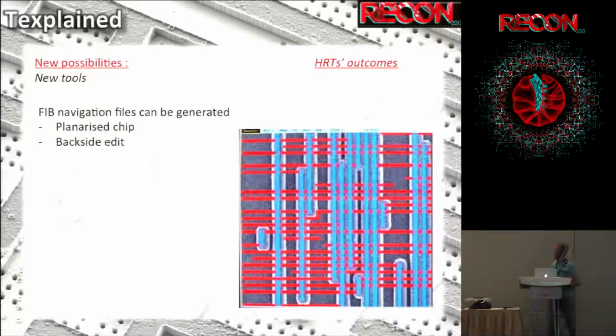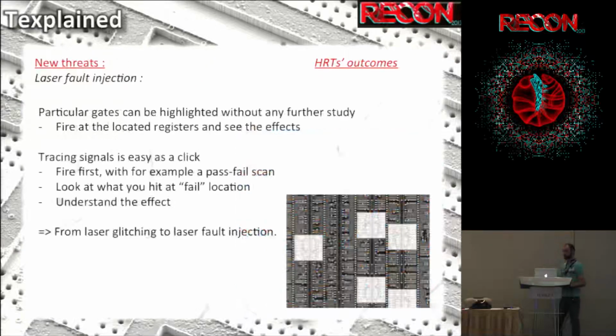All right, if we go back one more time to laser attack, we can change the way we were fishing. So instead of just trying every position and seeing if I have an effect, I can say, where are the registers inside the core? Because those registers, for sure, if I shoot at them with the laser, I have an effect. It's 100% success. I will have an effect if I shoot at one register.